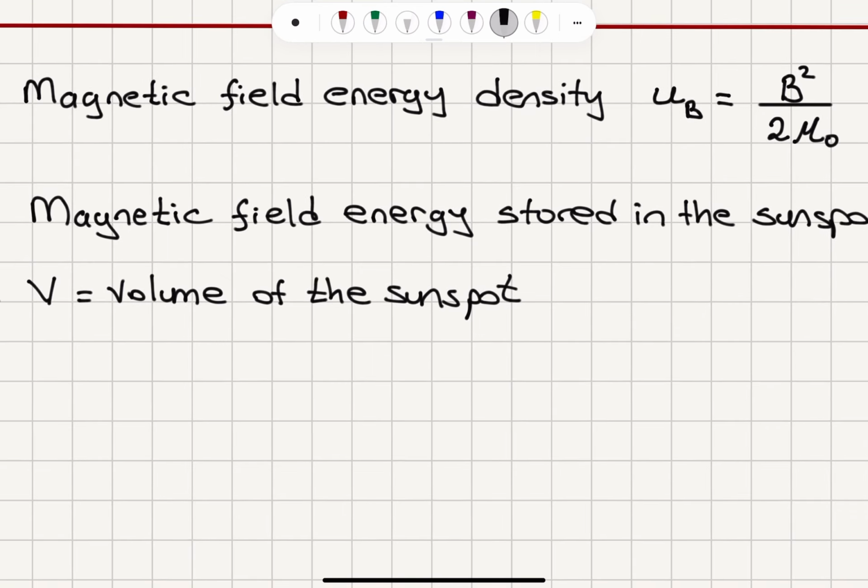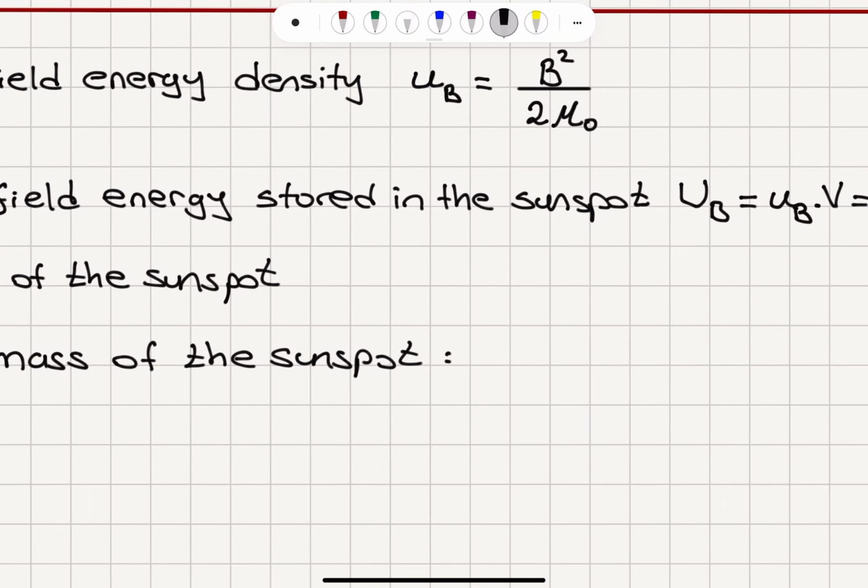What about the mass of the sunspot? The mass of the sunspot is m, which is its density ρ multiplied by the volume V. Density is mass divided by volume.